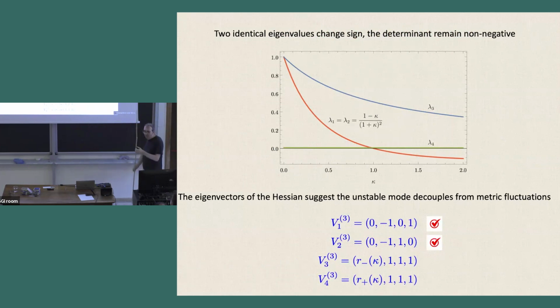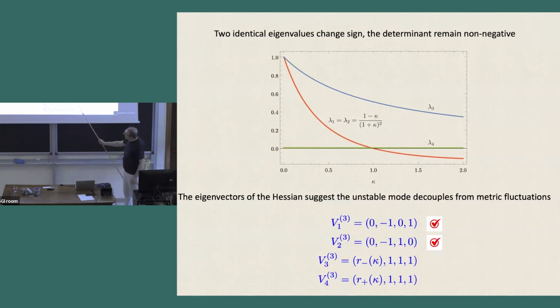I remind you of the variables. The variables were S, the entropy density, which couples to gravity metric fluctuations, and then N1, N2, and N3, which represent U1 charges. The unstable eigenvectors have 0 in the entropy entry.